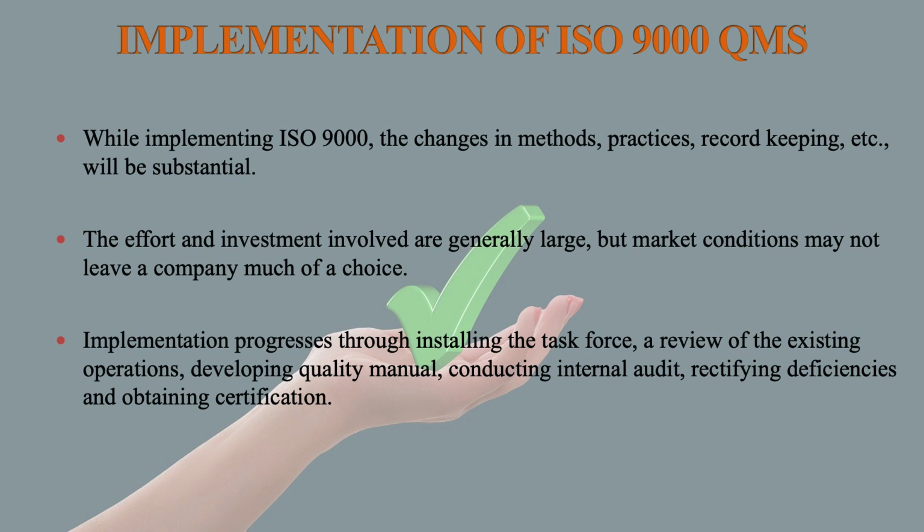Implementation progresses through installing the task force, a review of the existing operations, developing quality manuals, conducting internal audit, recycling deficiencies and obtaining certification. So these are the processes required while implementing the ISO 9000 quality management system.